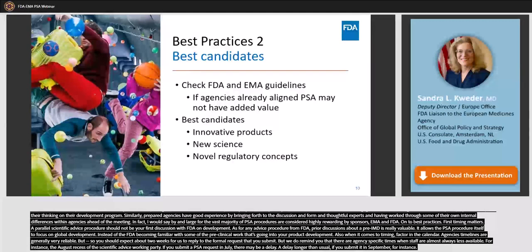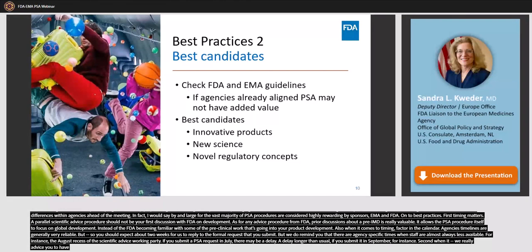Second, we really advise you to have looked ahead and look at FDA and EMA guidances that would be relevant to your product. If there is already alignment on a particular development pathway, say for a particular disease, a PSA procedure is probably not needed.